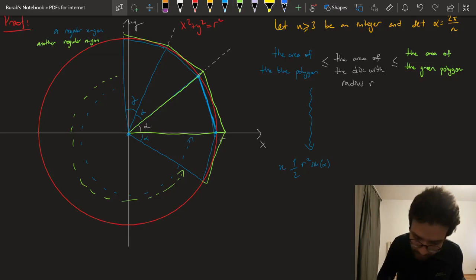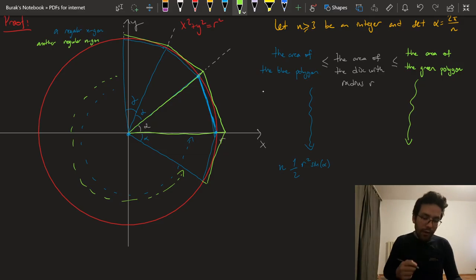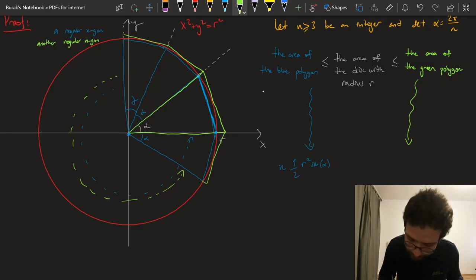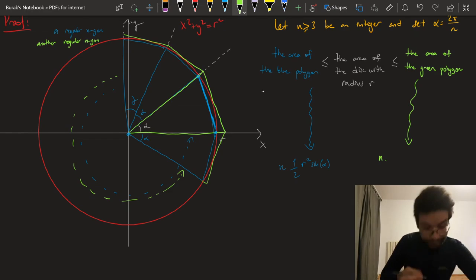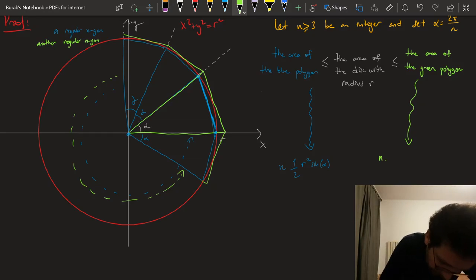And what's the area of the green polygon? Now, this green polygon is again made up of n triangles. Now let's compute this. What I'm going to do now is draw this line segment, and this is going to bisect the angle, so this is going to be alpha over 2, alpha over 2.